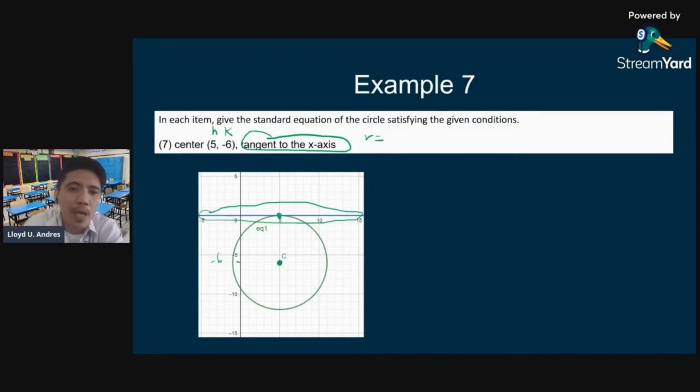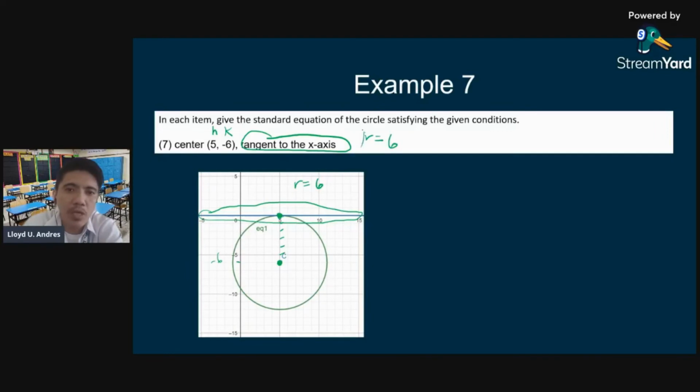And this will help us to determine our radius because the distance from the point of tangency to the center will be equal to our radius. We just have to count the number of units. So counting, we have 1, 2, 3, 4, 5, and 6. So therefore, our radius is equivalent to 6 units.